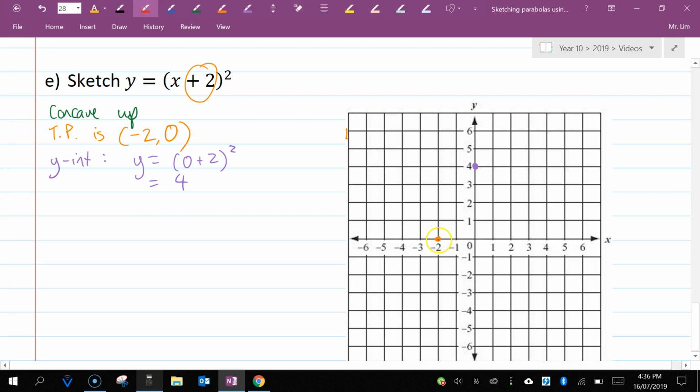We went from the turning point 2 to the right and up 4, so we're going to go 2 to the left and up 4. Put our dot there, and draw our parabola. y is equal to (x plus 2) all squared.